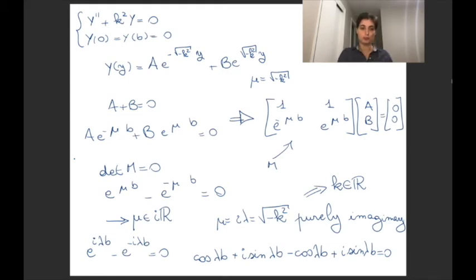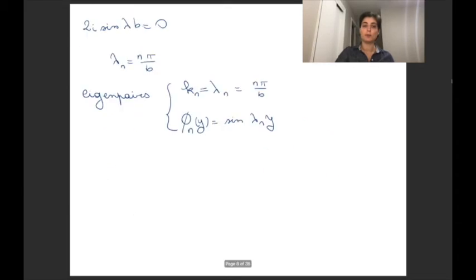We split this and write it as a sum of sines and cosines: cosine lambda b plus i sine lambda b, minus cosine lambda b plus i sine lambda b, equal to 0. The two cosines cancel out, so we're left with 2i sine lambda b equal to 0, and that means that lambda is an integer multiple of pi divided by b.